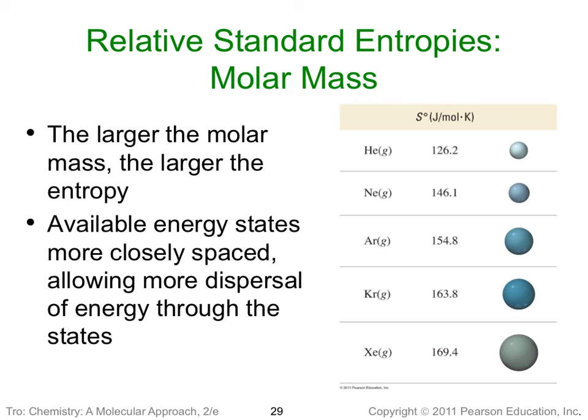Relative standard entropies and molar mass: the higher the molar mass, right, the larger the entropy. This is because the bigger these atoms are getting, the closer their energy states are, and it allows more dispersal among those energy states.